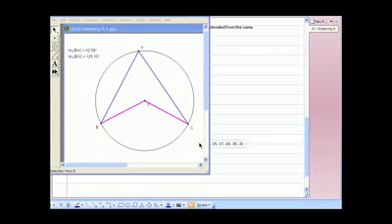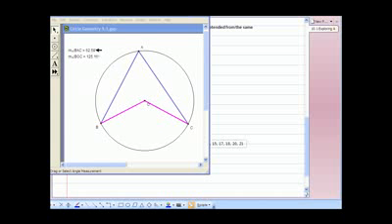Again, now we're looking at a screenshot from Geometry Sketchpad on which I have taken central angle BOC subtended from arc BC, and inscribed angle BAC also subtended from arc BC.